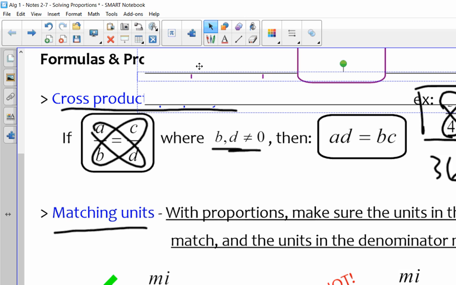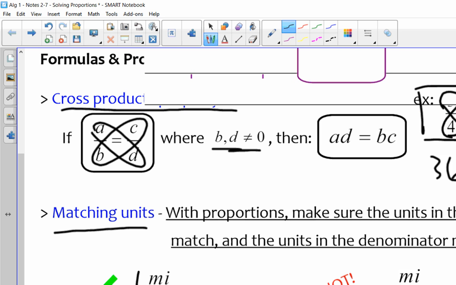Okay. If you're looking at rates of speed, how fast you might be able to go, how far will I be able to go when I do that? Those are just different things we can do. But when we do these, we have to make sure that when I set up one proportion, and you can set up any way, I could have that flipped. I could have hours over miles.